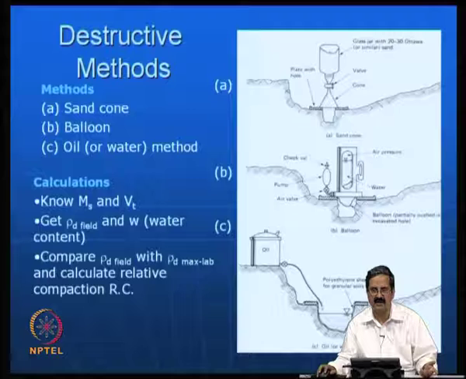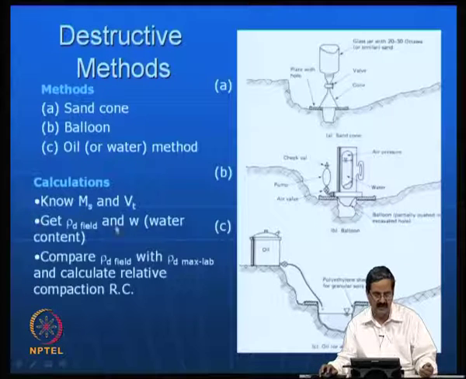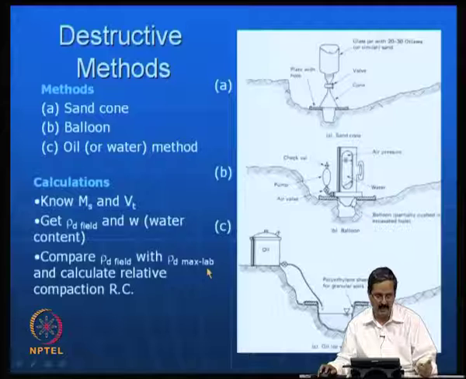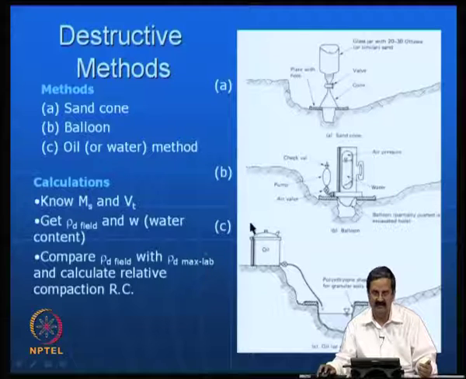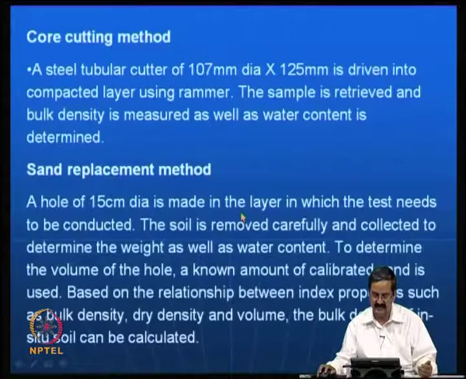Once you know this water content and density, you can check, that is what we want. You know its field density and water content, and you compare the field density with what should have been achieved based on laboratory tests. Once you know both of them, it is just the ratio, and you will get the relative compaction, that is it.